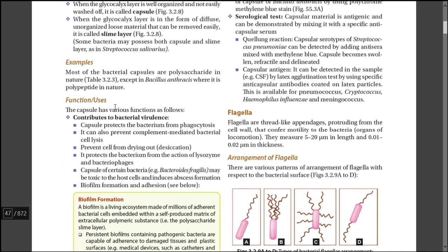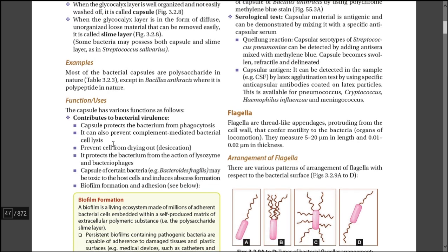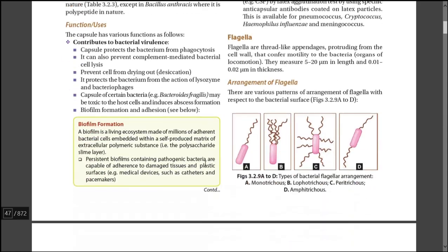Most bacterial capsules are polysaccharide in nature. In Bacillus anthracis, the capsule is polypeptide in nature. The function of the capsule is protection from phagocytosis, which is very important. It prevents the cell from drying or desiccation, and it protects the bacterium from the action of lysozyme and bacteriophages and so on.